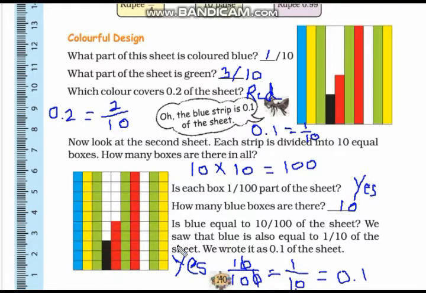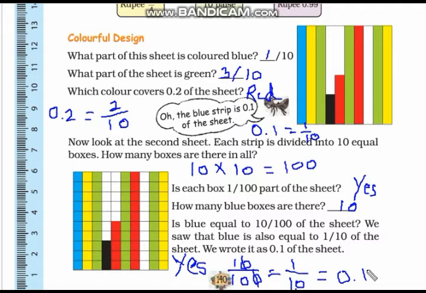So yes, we saw that blue is also equal to 1/10 of the sheet. Yes, we can write 10 upon 100 here, and if we cancel this 0 and 0, there will be 1 upon 10, and this fraction we can also write in decimal as 0.1.